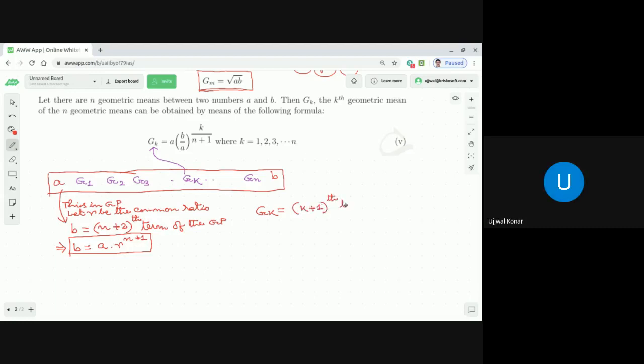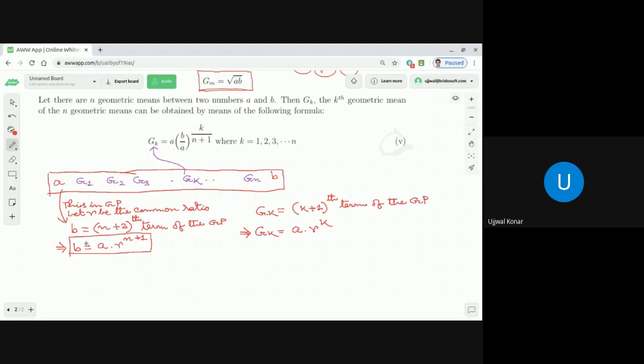Now, the k plus 1th term, we know by this time, should be A into R power k. Correct or not, dear students? So all you need to find is the value of R.